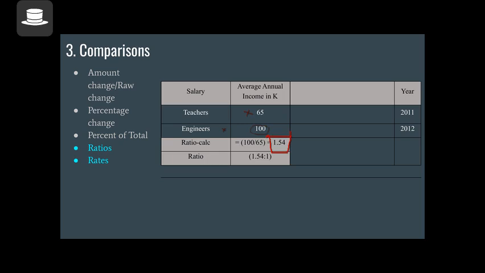So the ratio is 1.54 to 1, meaning for every $1 a teacher earns, an engineer earns $1.54 more. Does it make sense? So $1 is equivalent to $1.54. And these ratios are more meaningful.